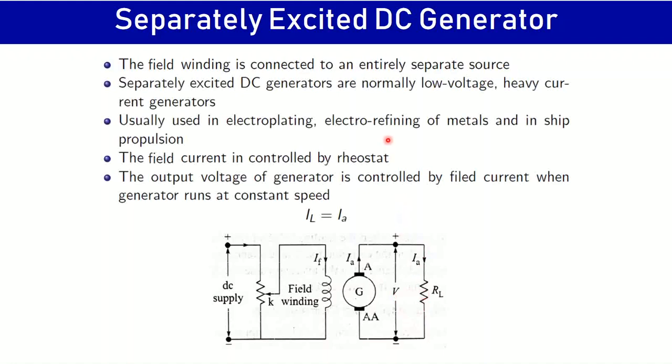So this type of machine, separately excited DC generator, is usually employed in electroplating, electro-refining of metals, and in ship propulsion. We had seen that the voltage will be dependent on the flux and this flux is dependent on the field current. So this field current can be controlled if we employ a rheostat here.